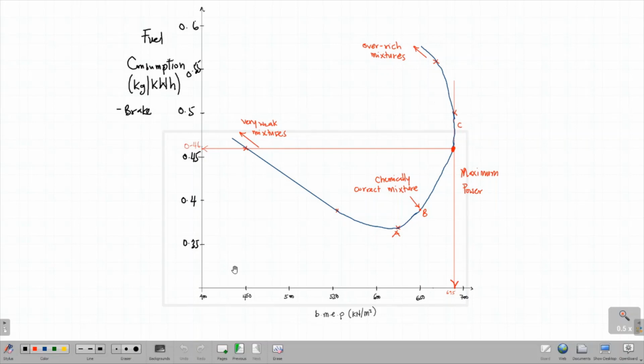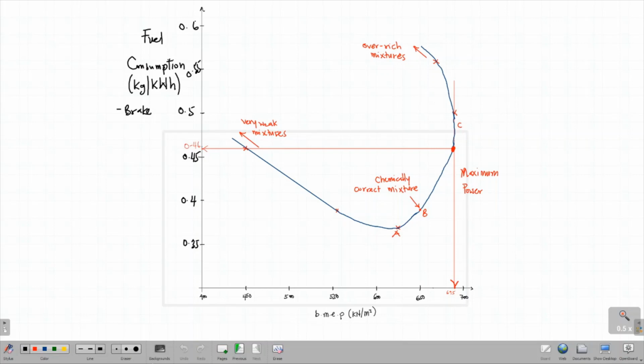We should note that since the speed was maintained constant, the brake mean effective pressure is proportional to the power developed. From the graph, we will observe that for the conditions presented, the air-petrol mixtures employed are very weak.